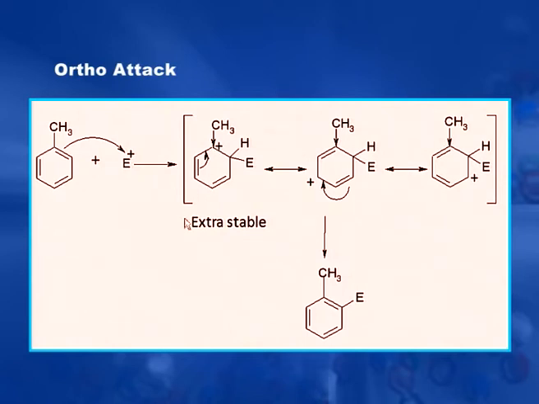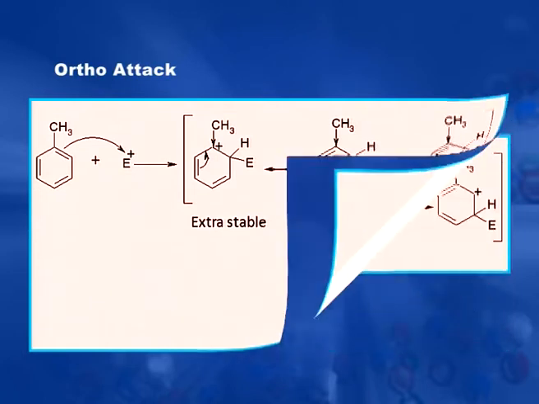So, that is why this is the extra stable resonating structure. Now, these two are also contributing, but this is the most stable. So, the contribution of this resonating structure is more towards resonance. So, that gives extra stability to the benzenonium ion. So, that is why the intermediate gets stabilized and finally we get the product.